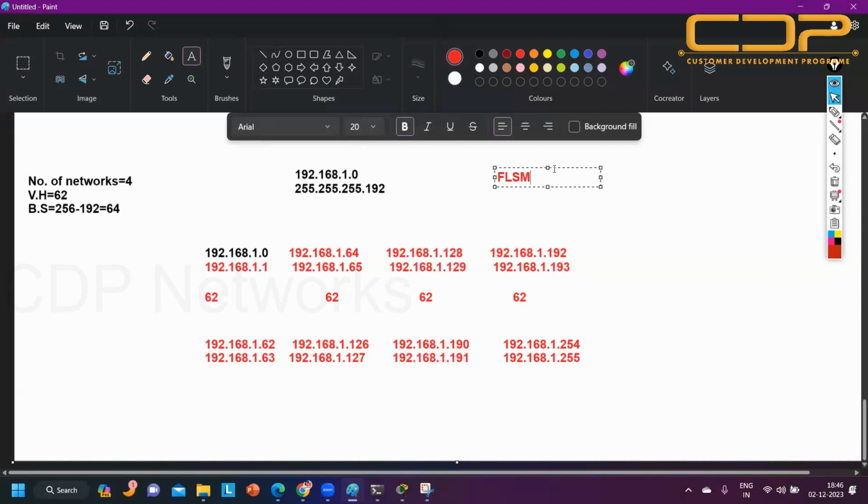And we have one more term, VLSM. If the length of your networks is variable, let's say you need 4 networks but the length of each is not equal, not uniform, then you need to do VLSM, which we will see in another video.